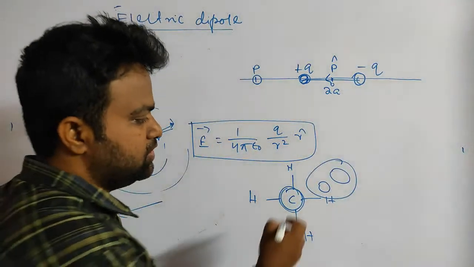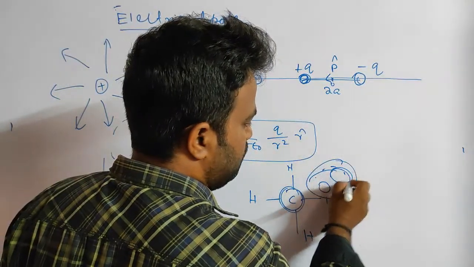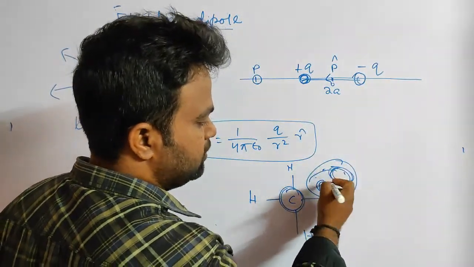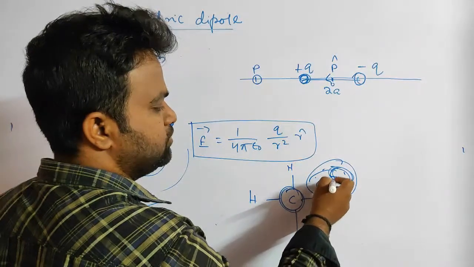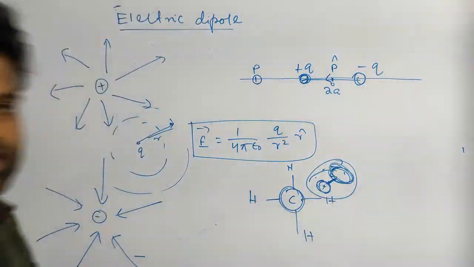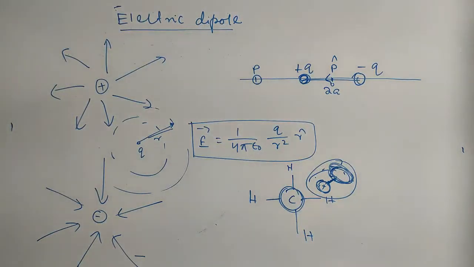In polar molecules, the electrons shift to one side and the positive nucleus shifts to the other side, creating a very small distance between the electron cloud and the nucleus.